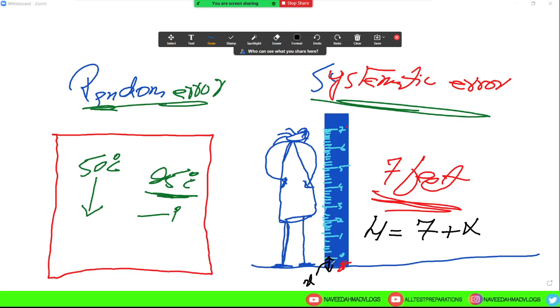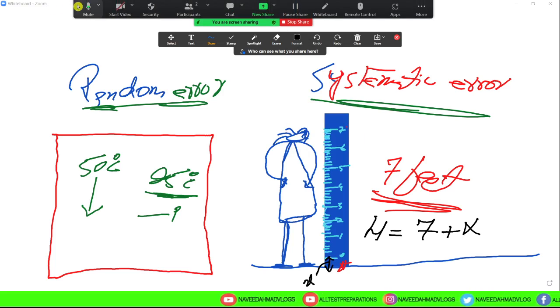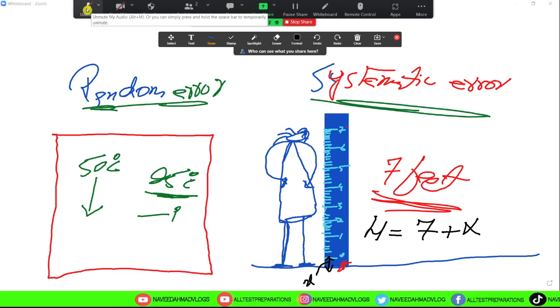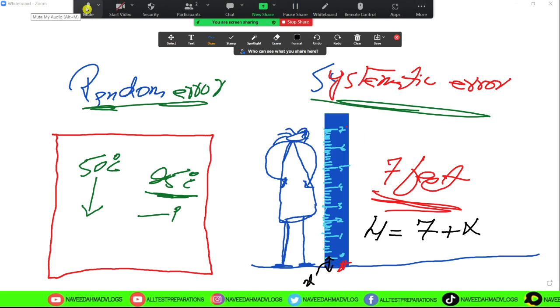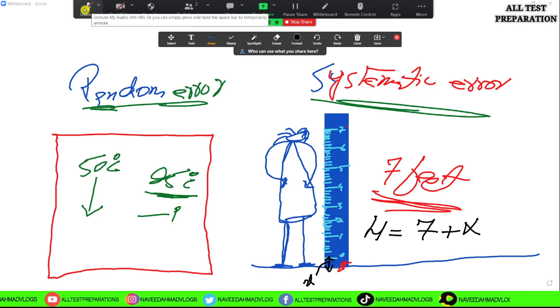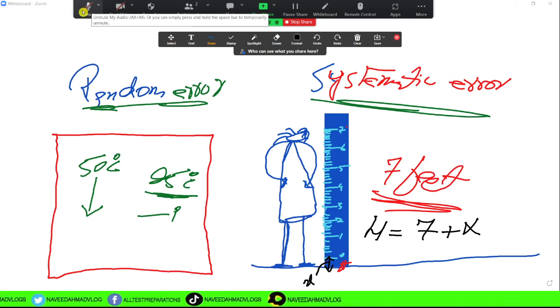X is this length. Oh, no, that would be incorrect. Because the ruler is touching above the ground, it would mean we've made the girl taller than she actually is. So we should be subtracting x instead of adding it.